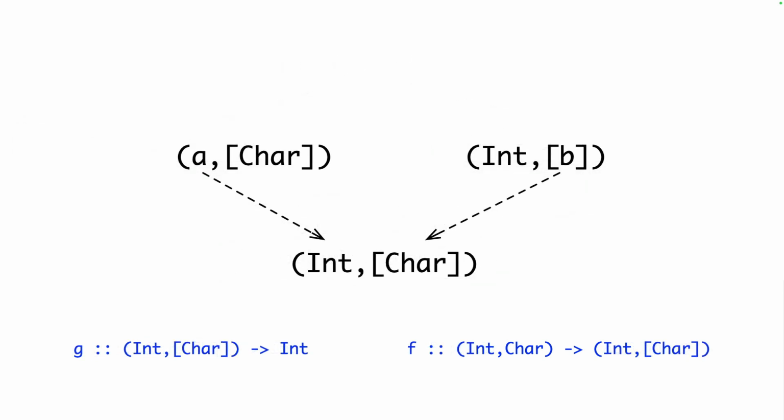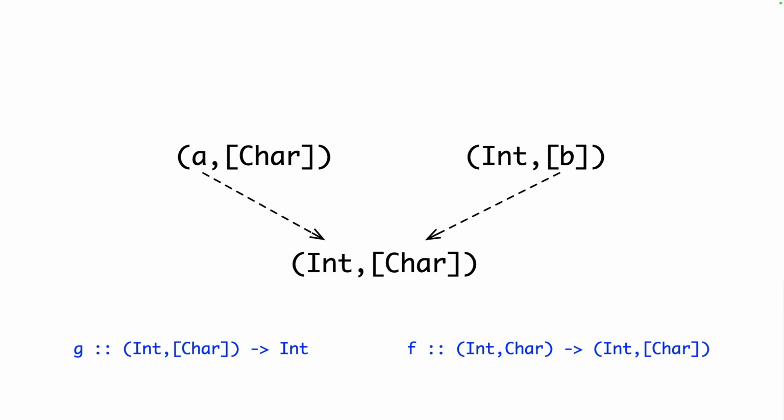As you can see, we've got A paired with list of char and we've got int paired with list of B. What we have to look for is what we call the unification of the two, the most general thing that is an instance of both of them. And here we get that by replacing A with int and B with char. So if we do that to the functions f and g, we want to think of f as being from a pair of int and char to a pair of int and list of char, and we want g to go from a pair of int and list of char to int.